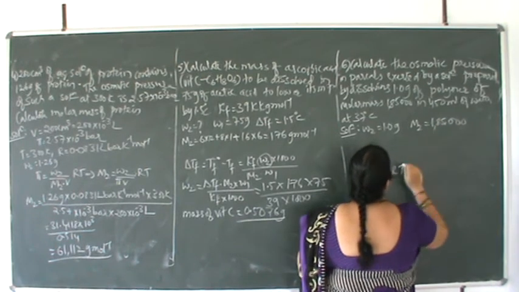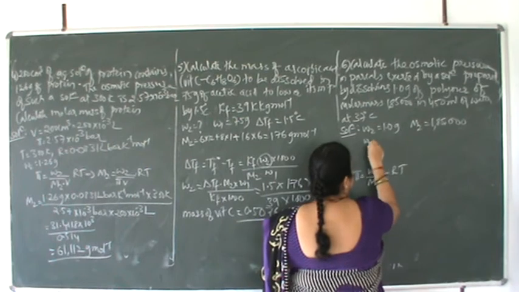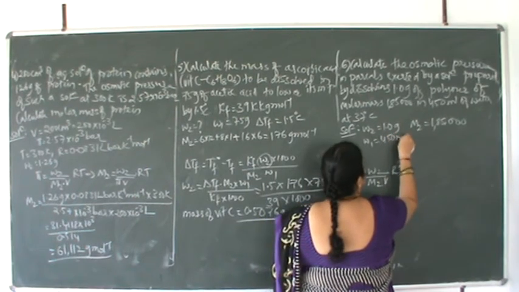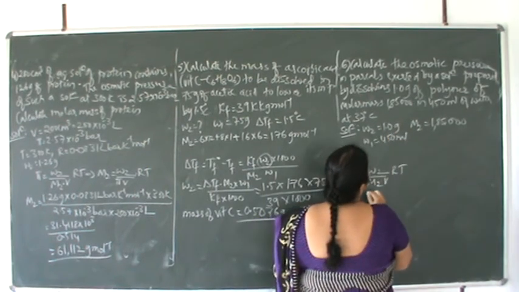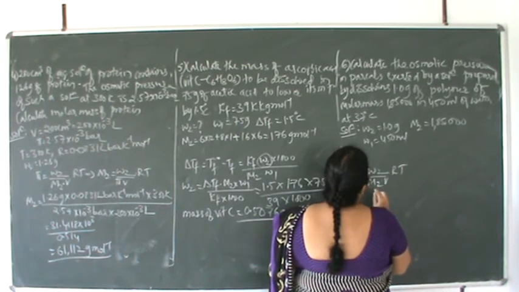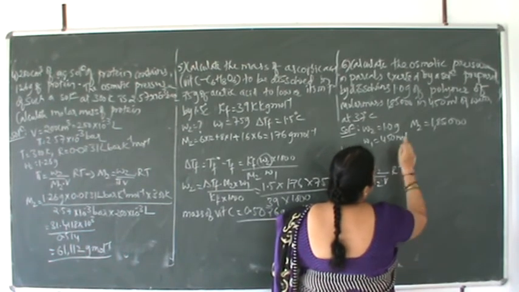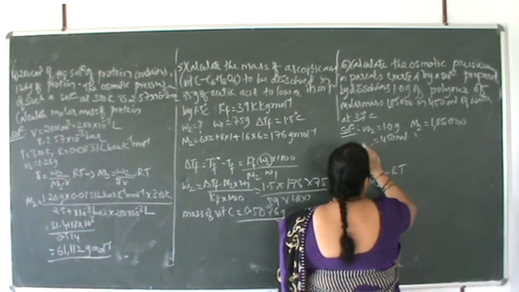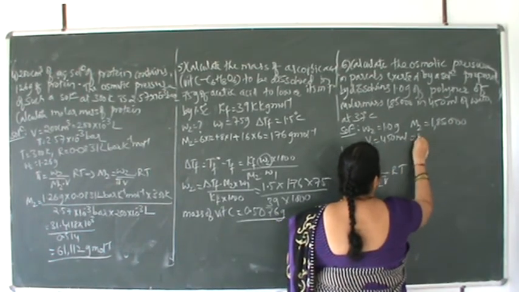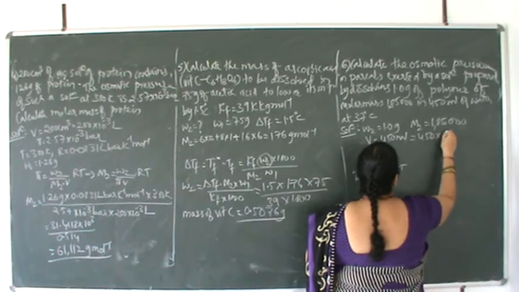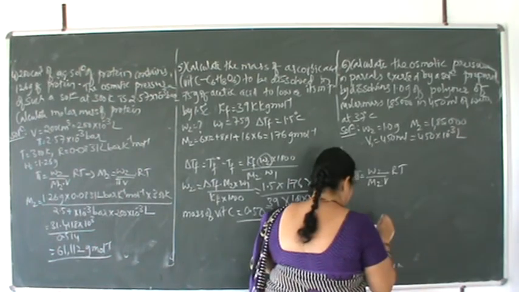Then the volume of the solution prepared by dissolving in 450 ml, V is 450 ml. That is equal to 450 into 10 raised to minus 3 liters.